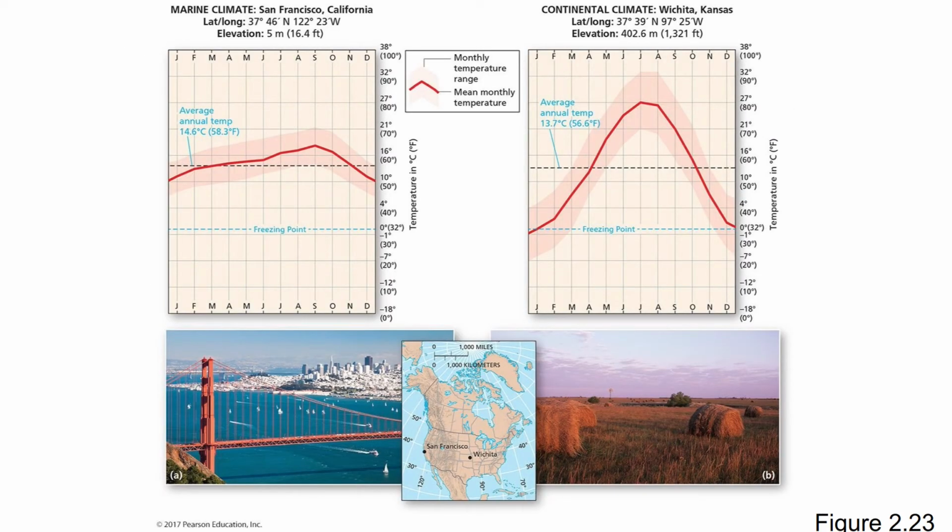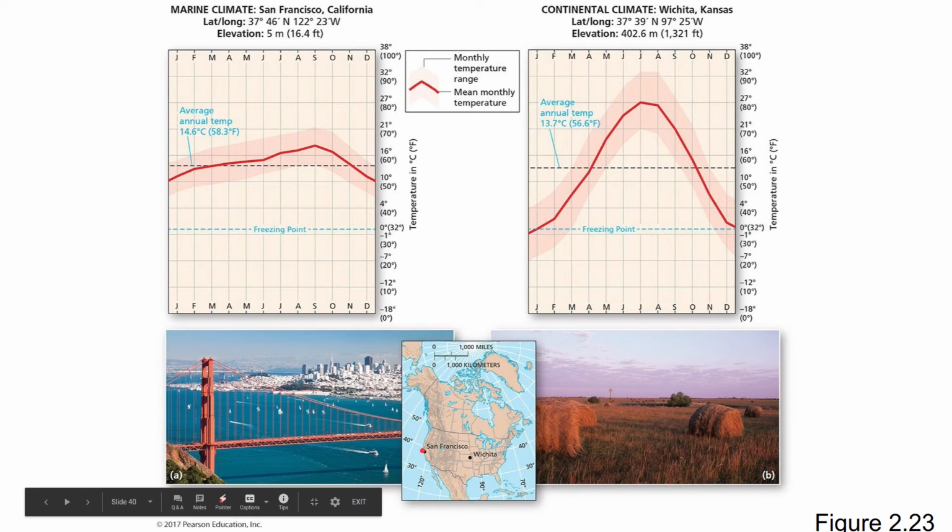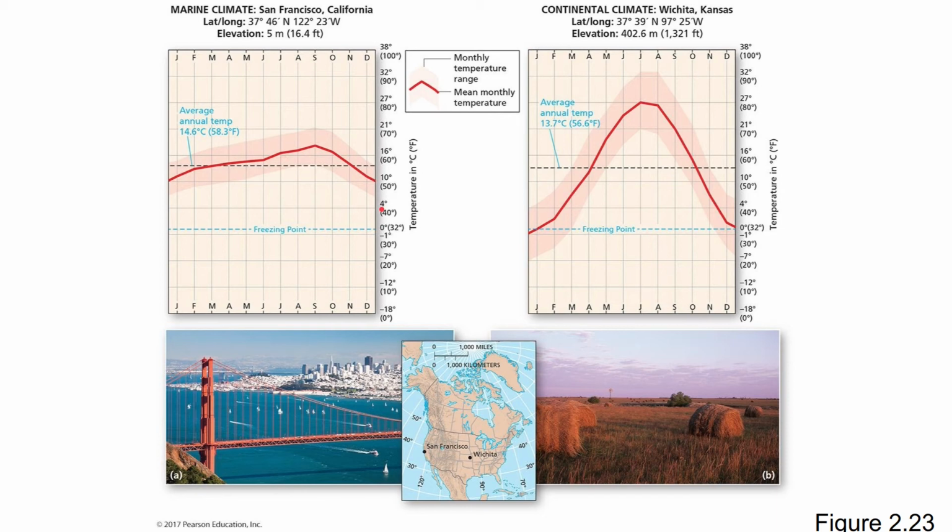So here we've got two different cities. San Francisco, I think you've heard of that. It's on the coast. Wichita, Kansas, it's in the middle of the country. Here's the temperature curve for San Francisco, going from 50 degrees Fahrenheit to like 63 degrees Fahrenheit. So like a 13 Fahrenheit range, as opposed to Wichita, Kansas, going from 32 to 80.